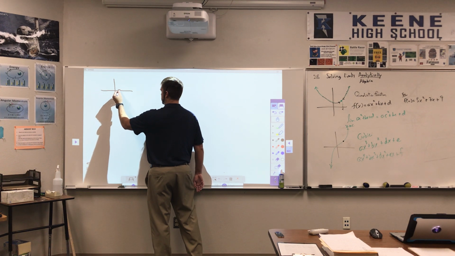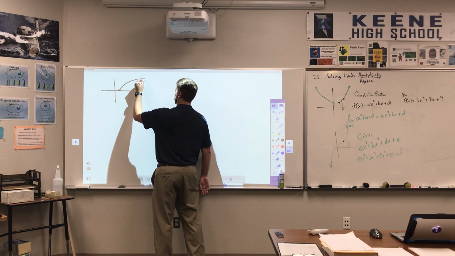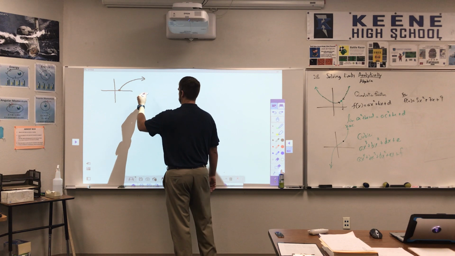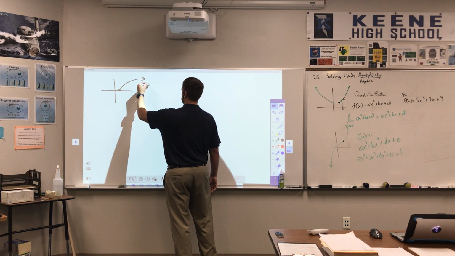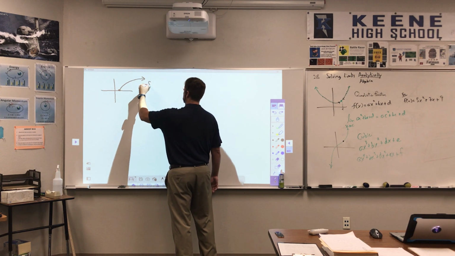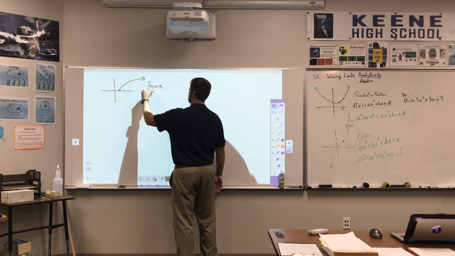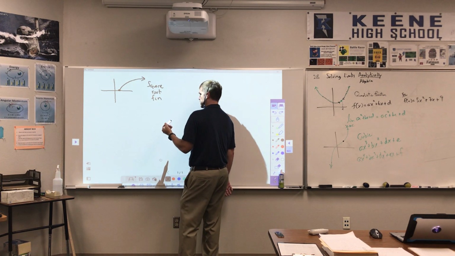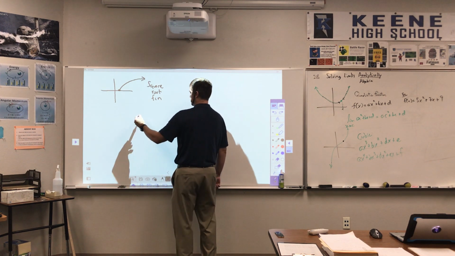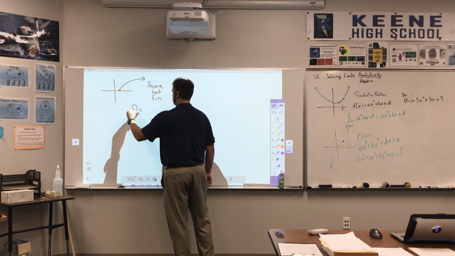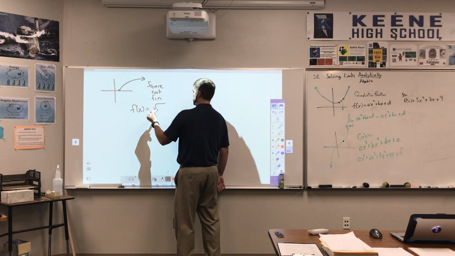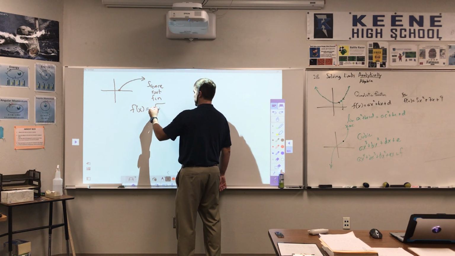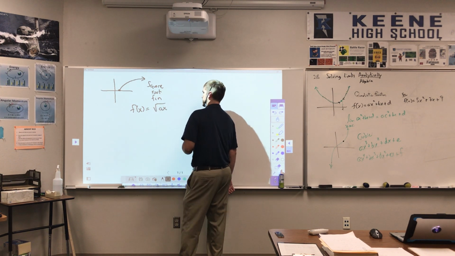Square root functions start off here and kind of go sideways. So this is a square root function. It kind of looks like a logarithmic, but it's not quite logarithmic. So it's f of x equals the square root of a to the x.